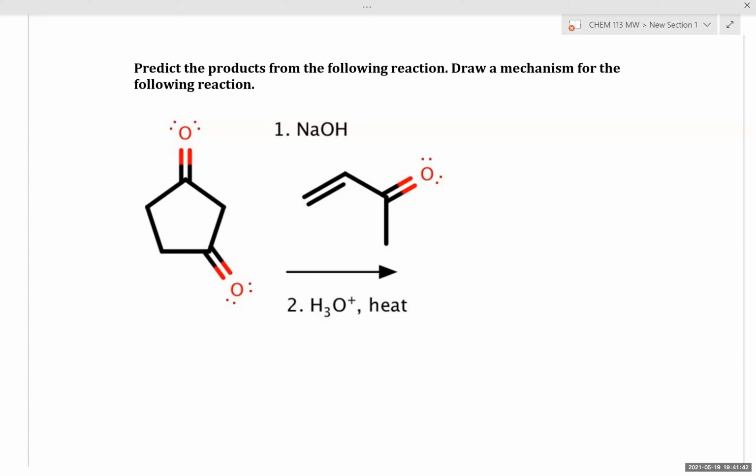Does anyone have a proposal for this reaction? Would anyone like to share their proposed mechanism for this problem?